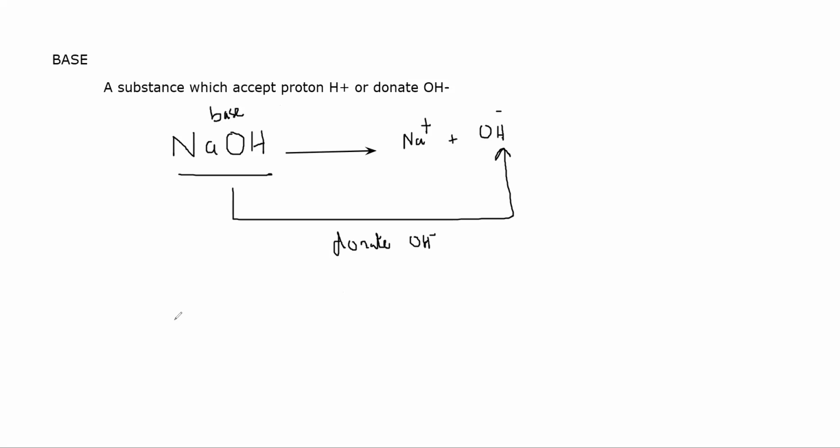So I will repeat the same example: NH3 was reacting with HCl. When NH3 was reacting with HCl, what did it become? It became NH4 plus and Cl minus.